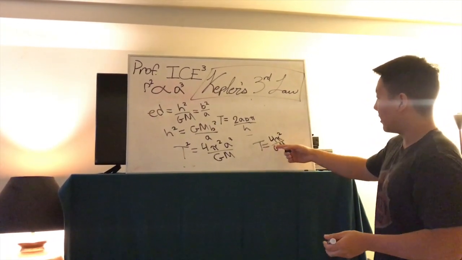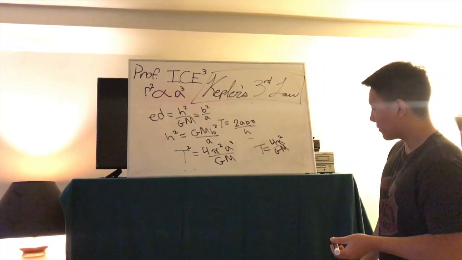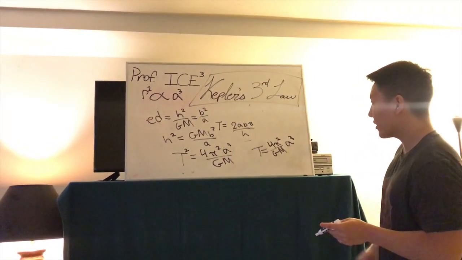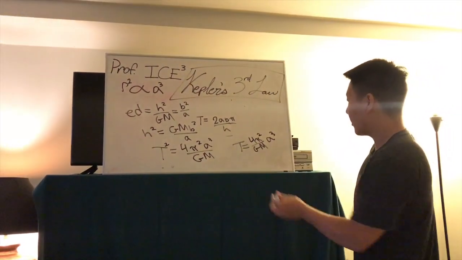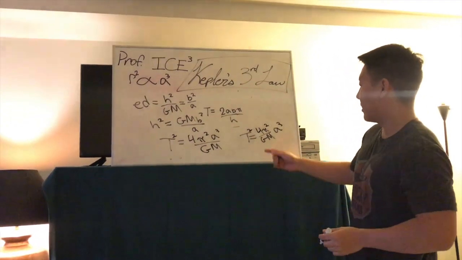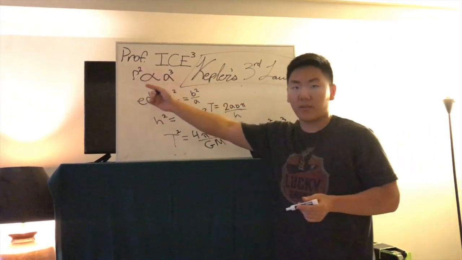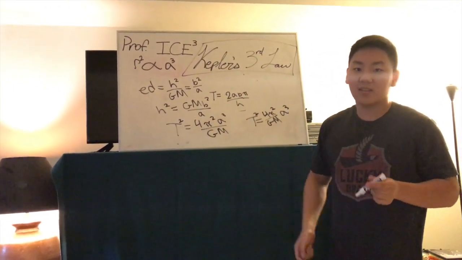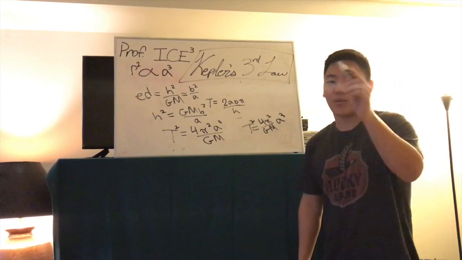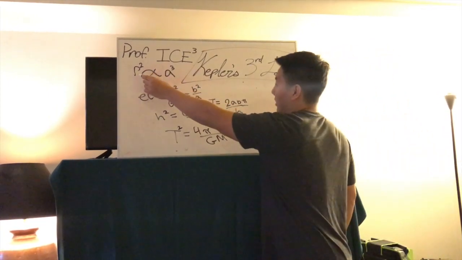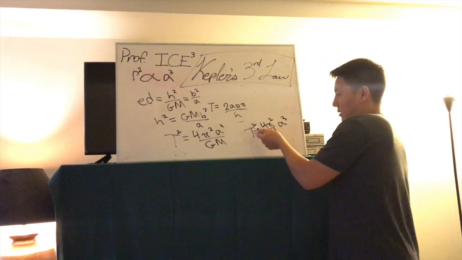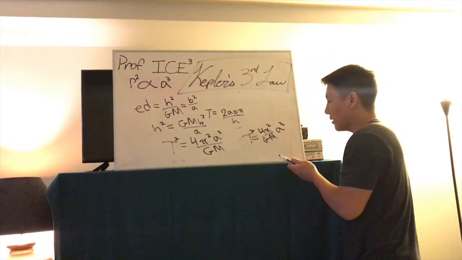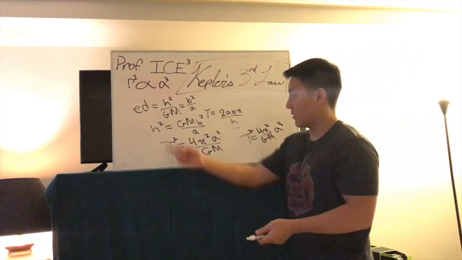Now, does that look familiar? Big T is the time it takes for a planet to go around the sun, which is equal to P. So T squared is on one side, a cubed is on the other side. Directly proportional.